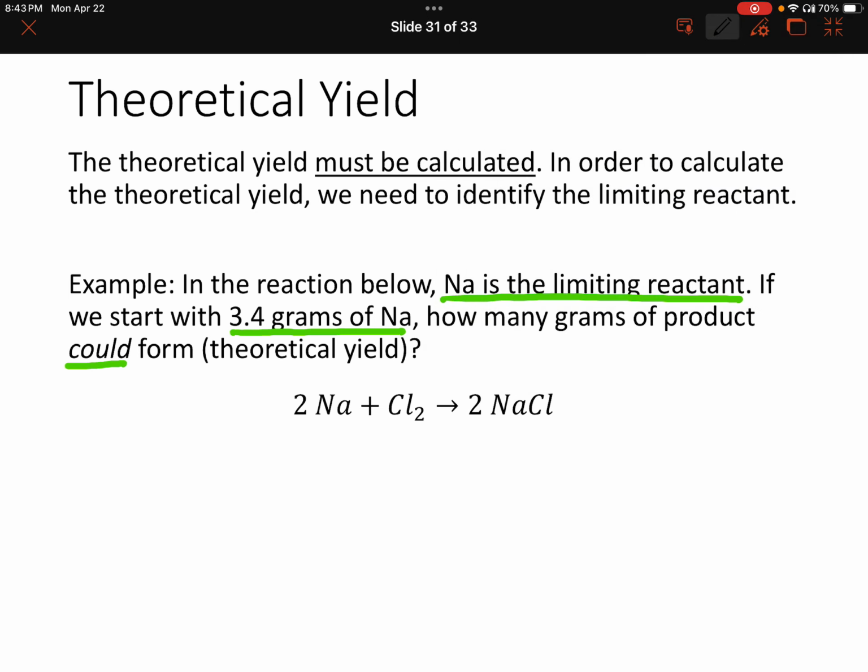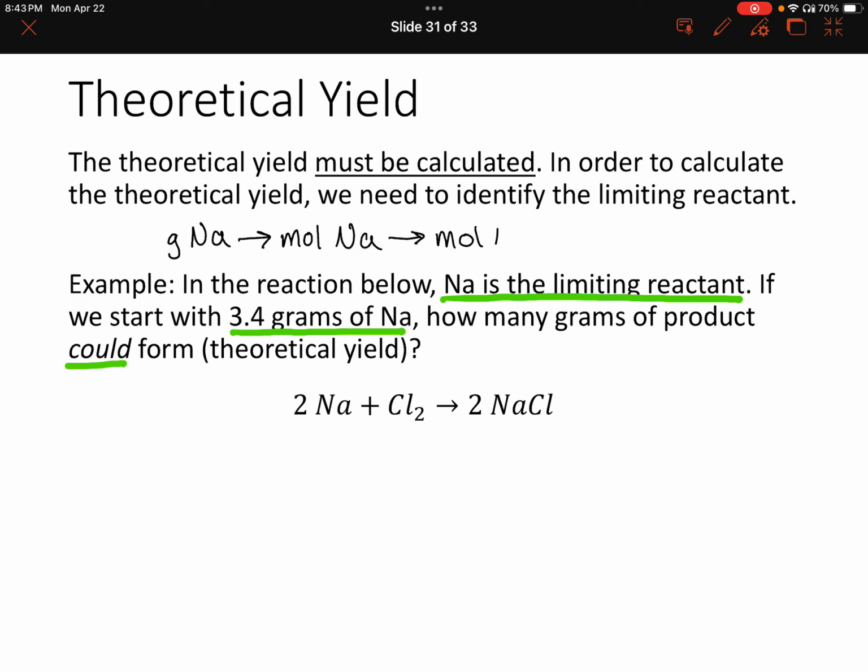All right, so we're given grams of sodium, which means we first need to convert that to moles. So always go to moles. Now, earlier we saw that we do need to convert this into the amount of product in order to get the theoretical yield.